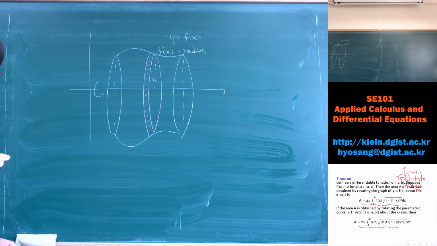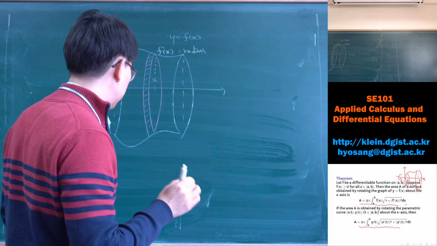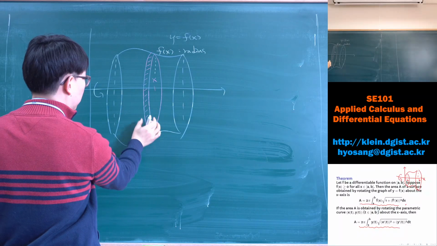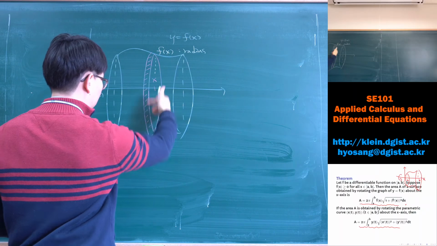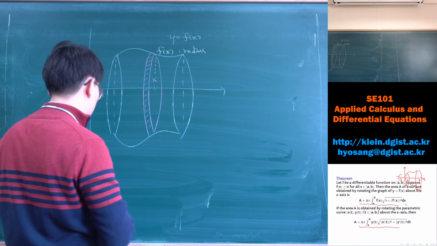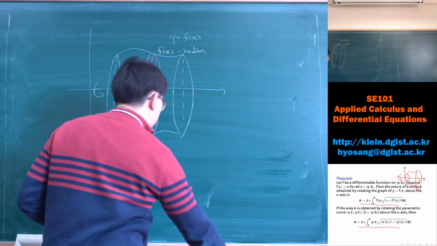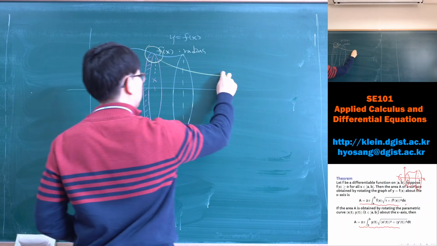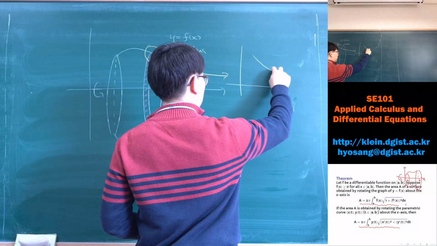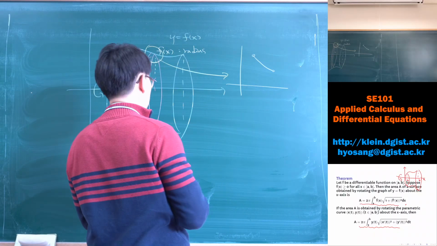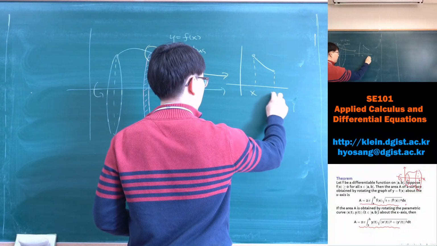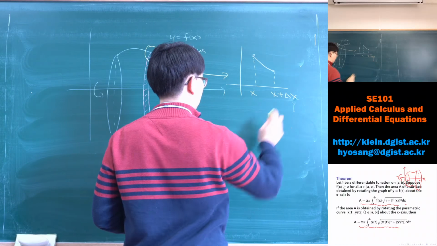And how about the width of this slice? The width is not dx. The width of this volume is dx, but the width of this strip is not the increment of x. So when I enlarge this part, what I have here is this curve, let's say from x to x plus delta x.